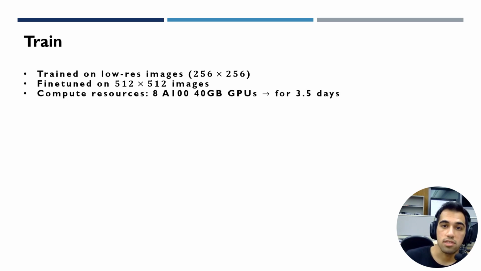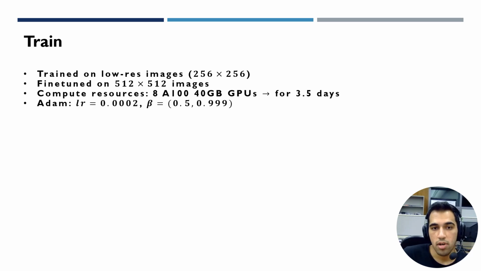And they did their training for 3.5 days using 8 40-gigabyte GPUs, and they used the Adam optimizer with a learning rate of 0.002, and the beta parameters are also mentioned on the slide. They use several loss functions in order to train this model.